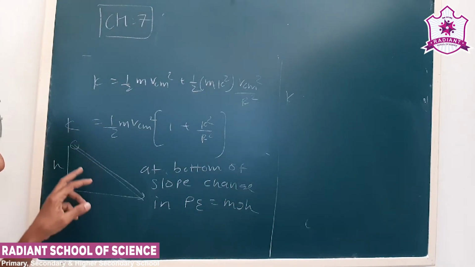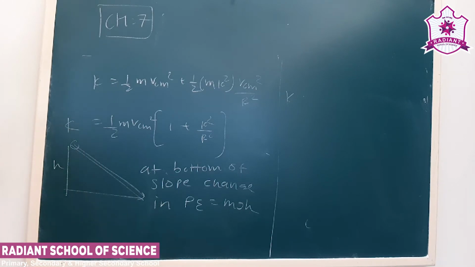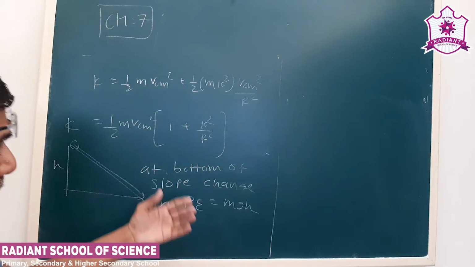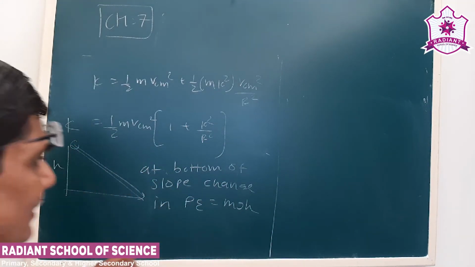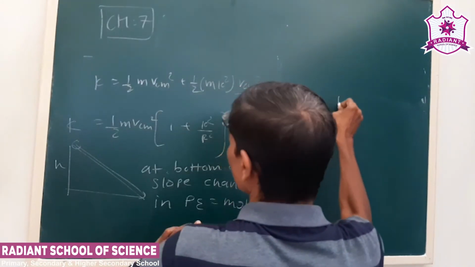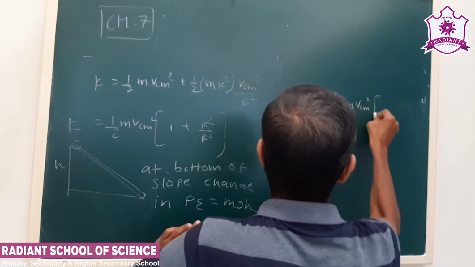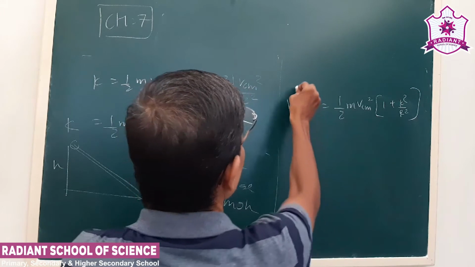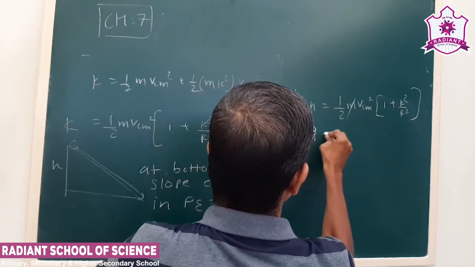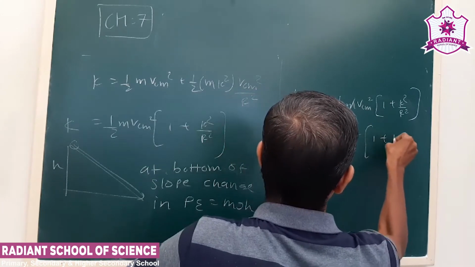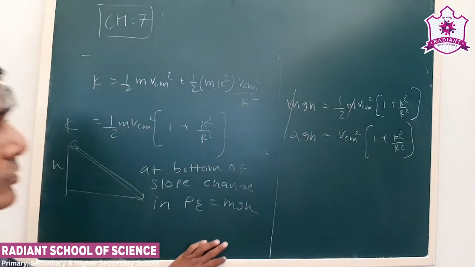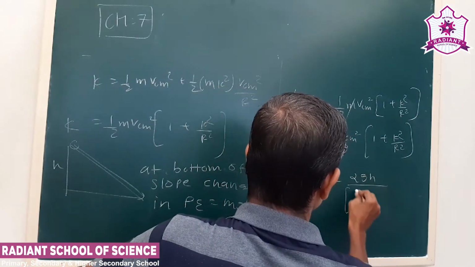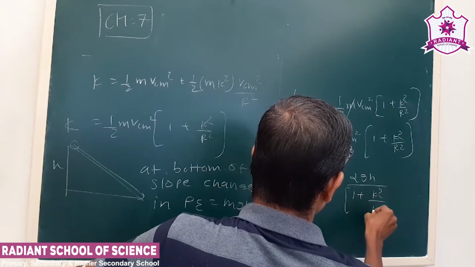So this total kinetic energy is obtained at the expense of the potential energy; when it loses potential energy, this much energy is converted into kinetic energy. So we can write mgh is 1 by 2 m VCM square times 1 plus k square by R square. Now m is cancelled, so 2gh is VCM square times 1 plus k square by R square.